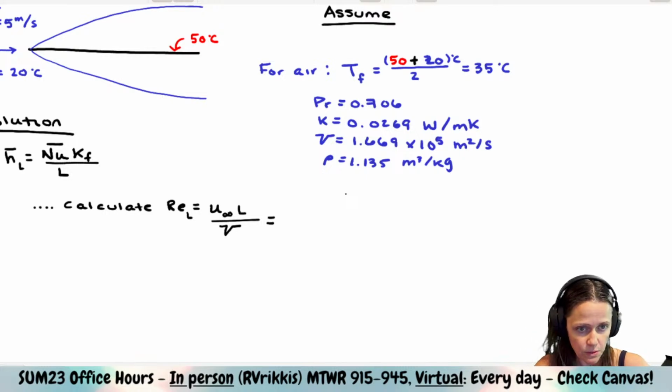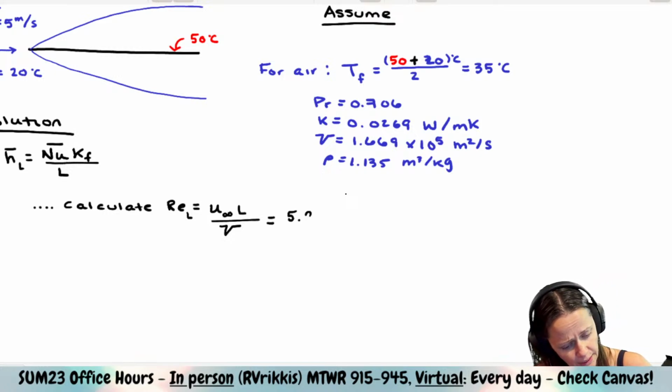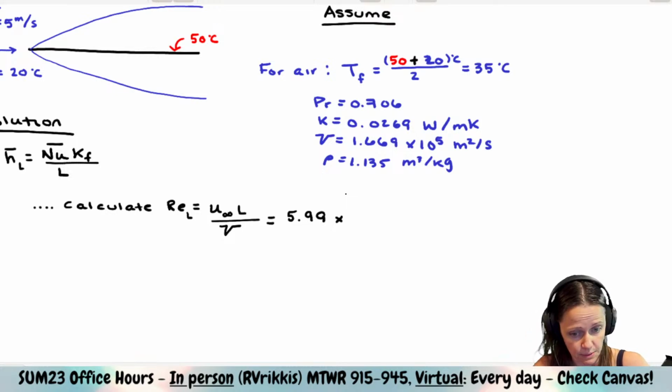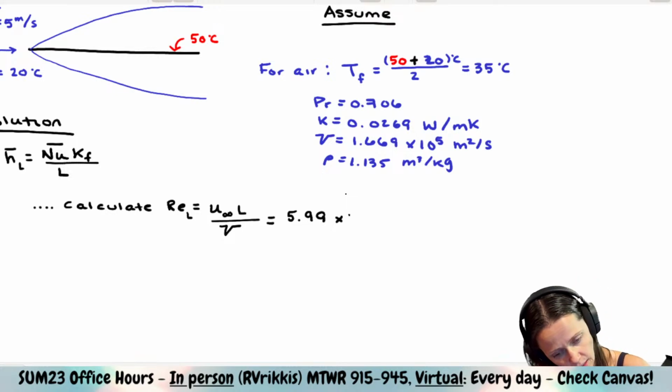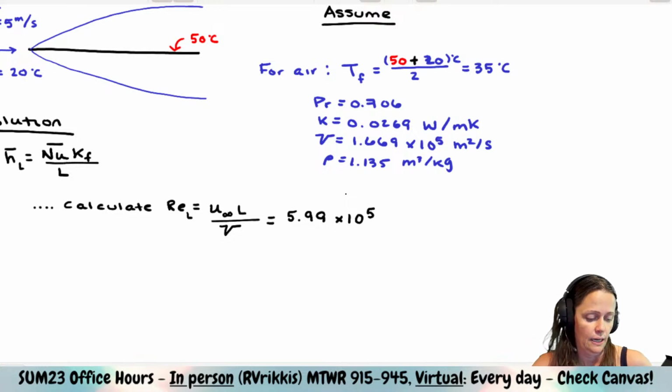If I plug those numbers in, I've got everything. I end up getting 5.99 times 10 to the 5th, not to the negative 5th. Okay, so we're pretty close.